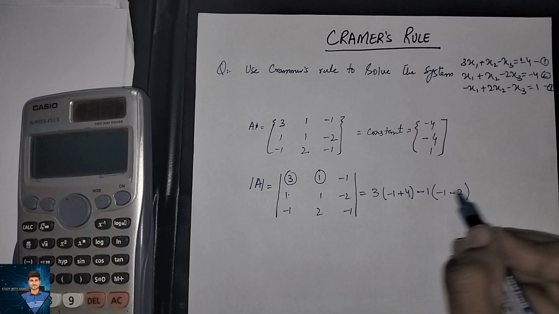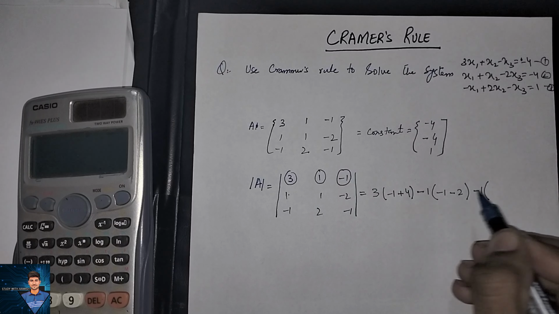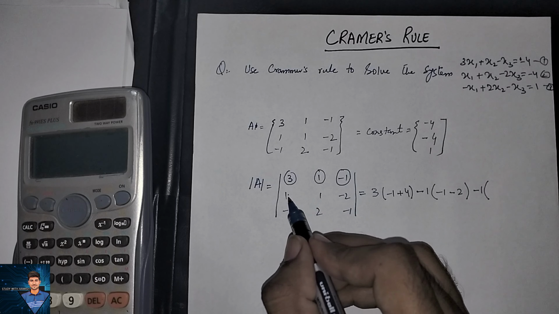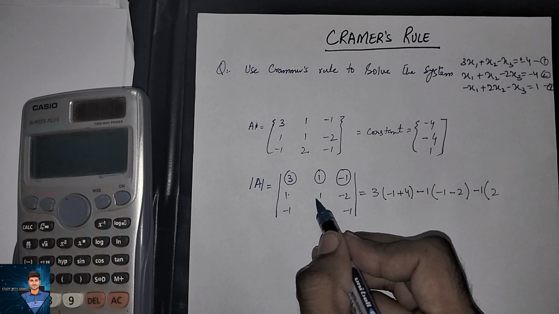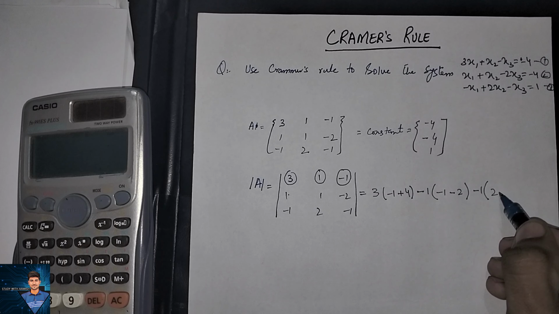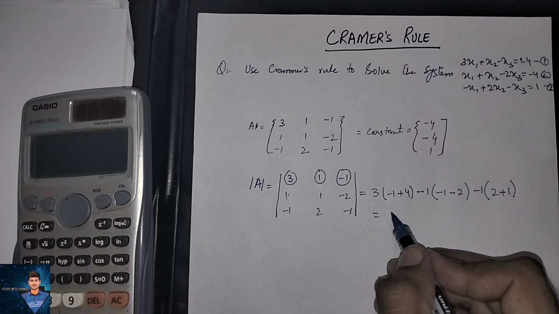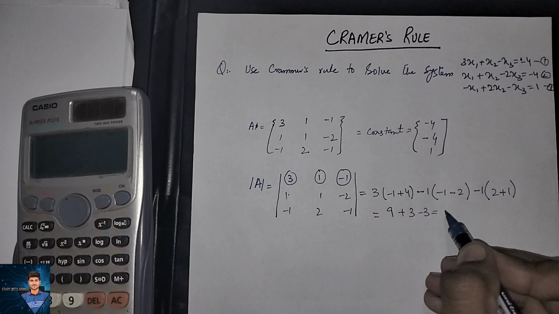Then we will take this minus 1, this will be minus 1, and again we will ignore this row and this column. 2 into 1 is 2, and 1 into minus 1 will be minus 1, and the minus sign of the formula will make it plus. So the answer will be 9 plus 3 minus 3 is equal to 9.